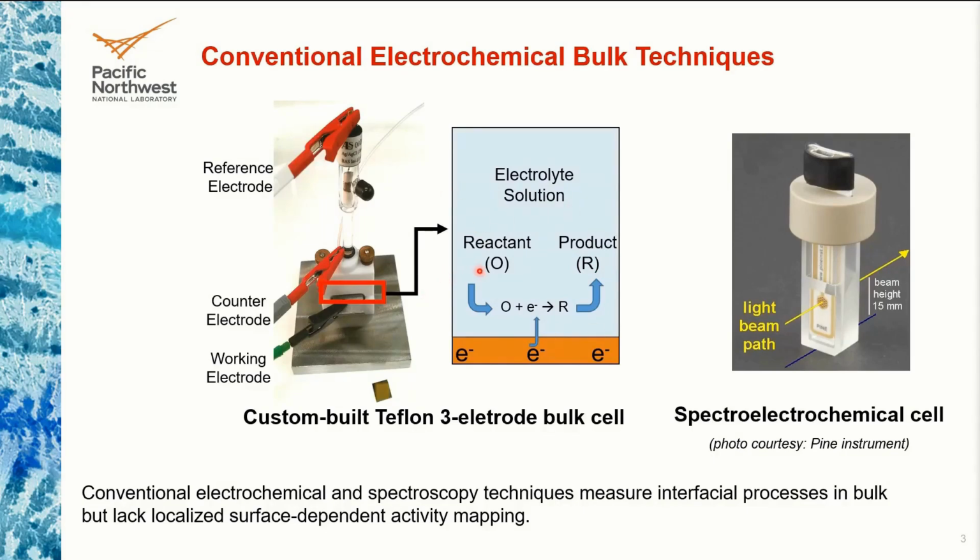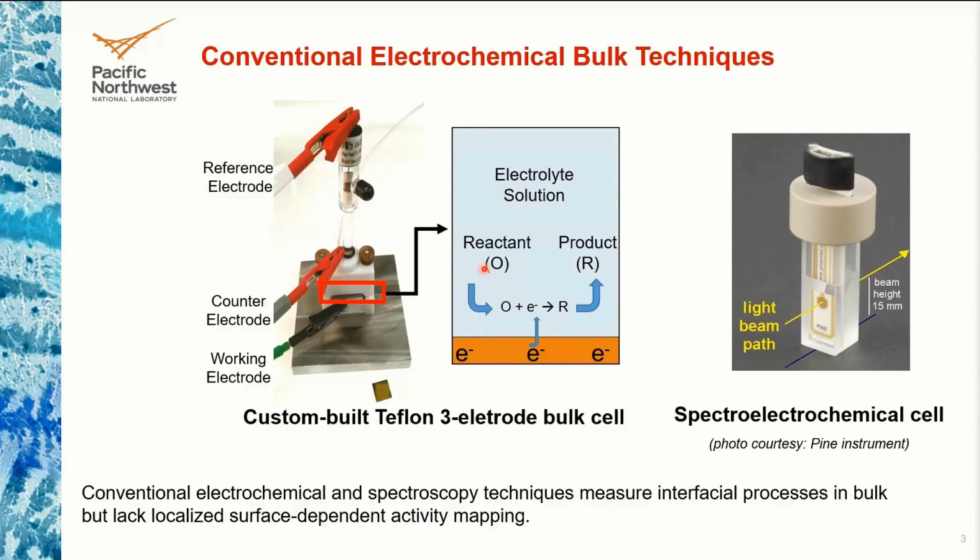However, most of the techniques rely on exposing the entire surface to the electrolyte solution and then monitoring the interfacial reaction at high spatial resolution. But it lacks localized surface-dependent activity. What that means is that in many applications, for example, in batteries or electrodeposition, the amount of ion that accumulates on the surface is not very uniform, and it really depends on the different heterogeneities on the surface, like cracks or pit holes or anything.